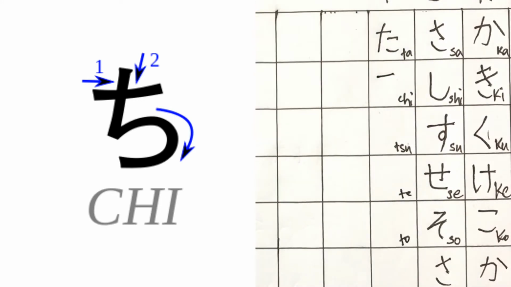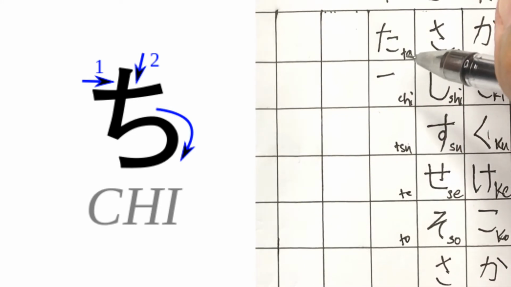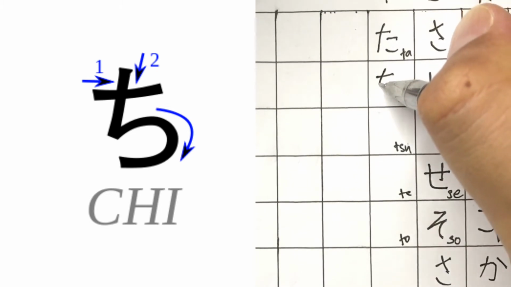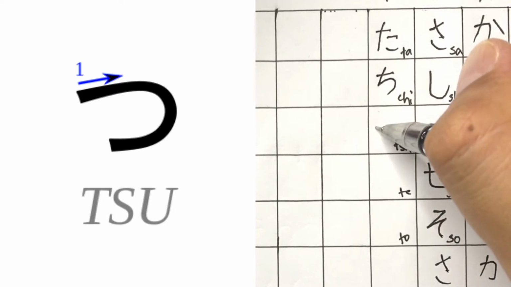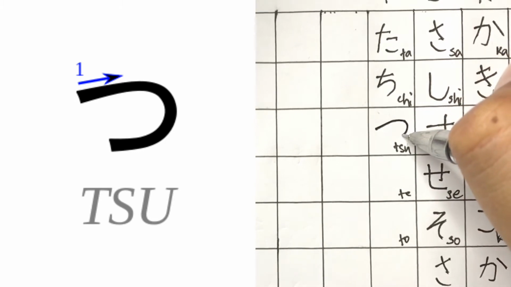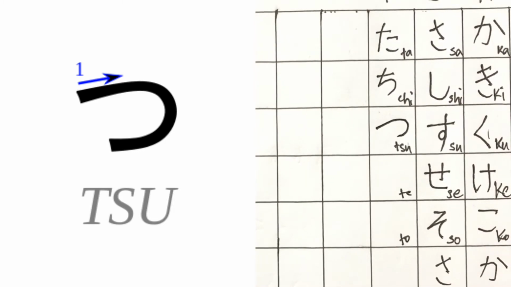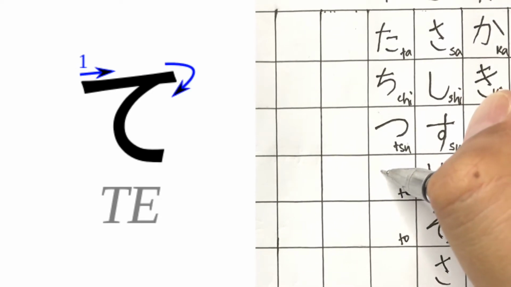It's like the shape of a number 5. It has 2 strokes, 1 and 2. The next character is tsu. Start from the middle, going up, then turn. Tsu. Next is te. 1 stroke only.